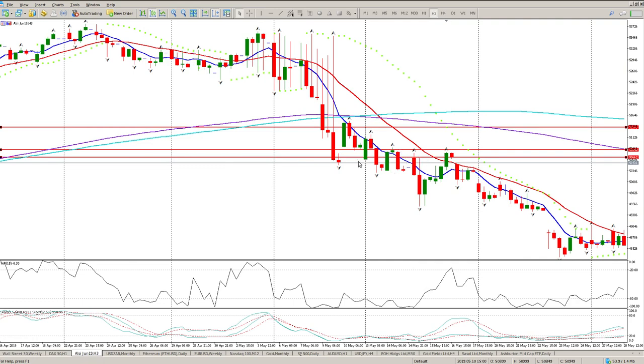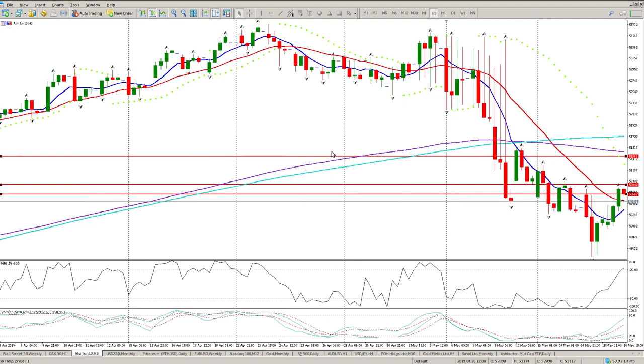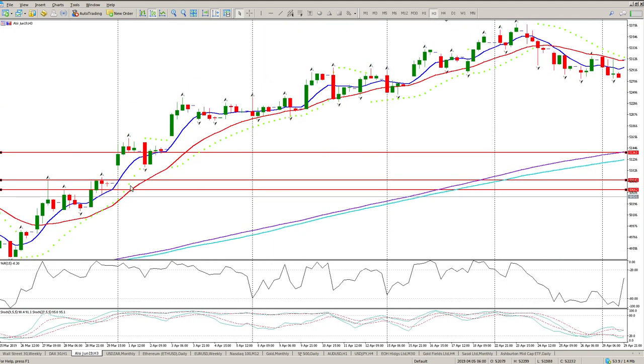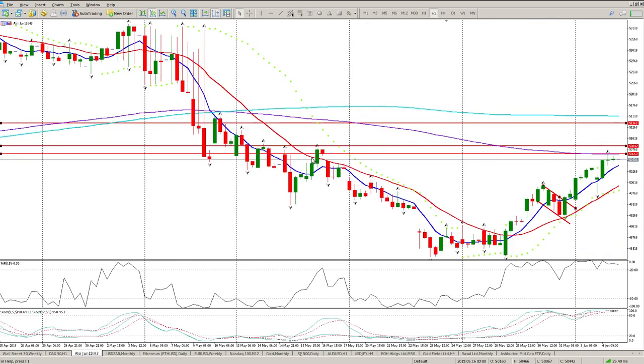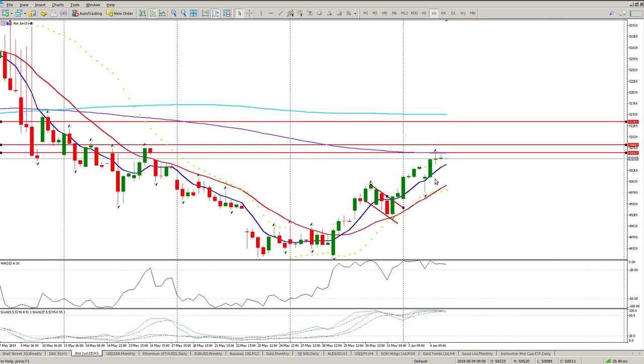There's nothing really to stop it, to be honest with you. But we do have two levels here, a daily level and a 3-hour level, so that may offer some resistance. The way it looks at the moment, I'd expect a little bit of a pullback, consolidation, and then continuation to the upside.